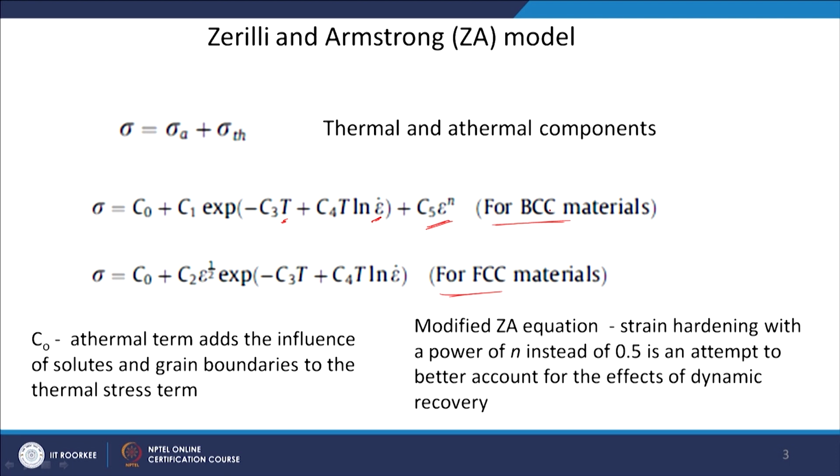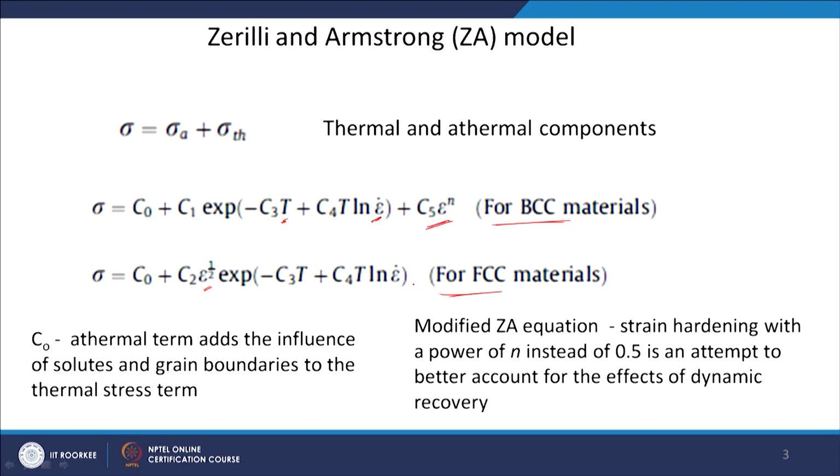Similarly, they have proposed another equation for FCC materials, where there is a slight change in the way they have introduced the strain component. Instead of exponent n, it now has an exponent of half, that is 0.5, and it is already multiplied in the exponential term. Earlier it was a separate term, now it is a single term with the temperature and strain rate.